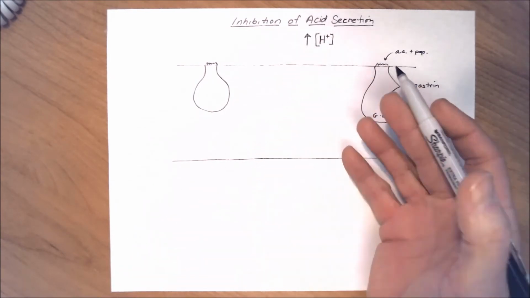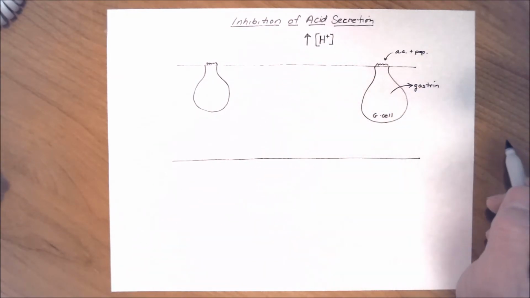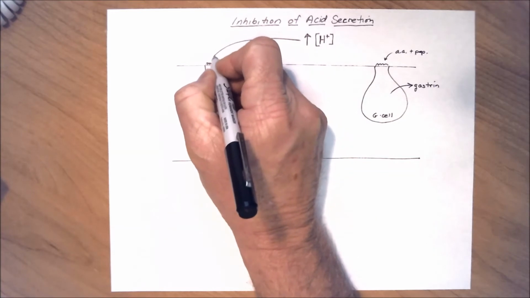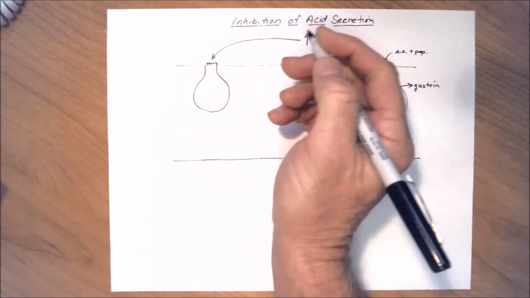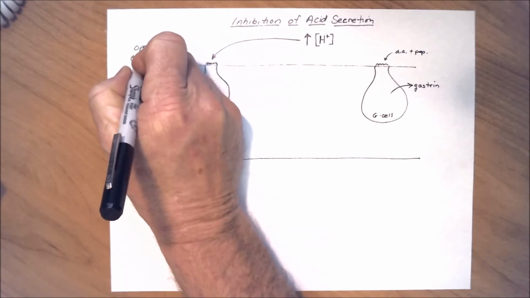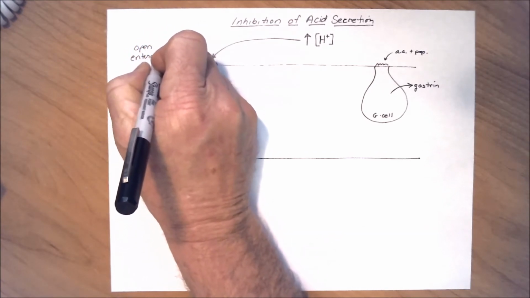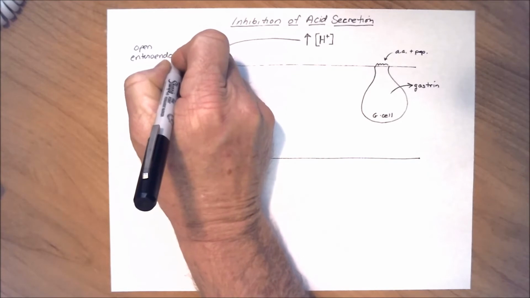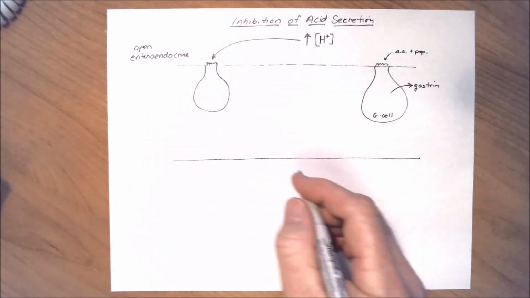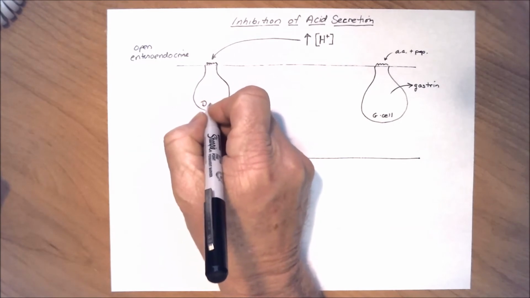As the protons increase in concentration, they will reach past their binding affinity for receptors on another open type enteroendocrine cell. This cell type is called a D cell.